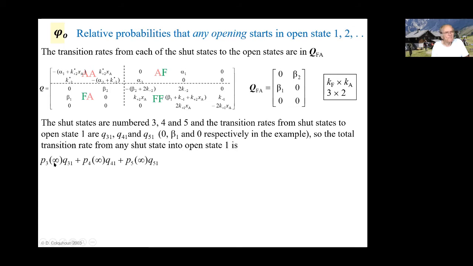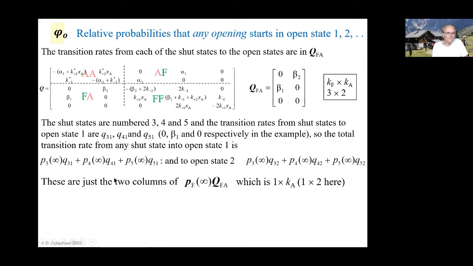That's the equilibrium occupancy of state 3 times the transition rate from state 3 to state 1, similarly for state 4 and for state 5. And the transition rates from any of the shut states to open state 2 are similarly P3 infinity times Q32, and so on at equilibrium.